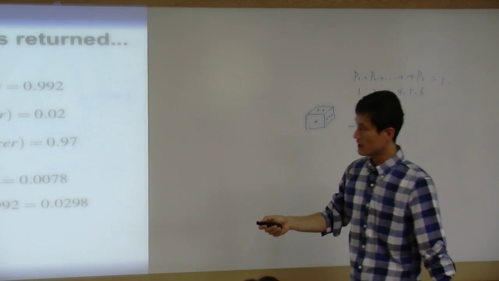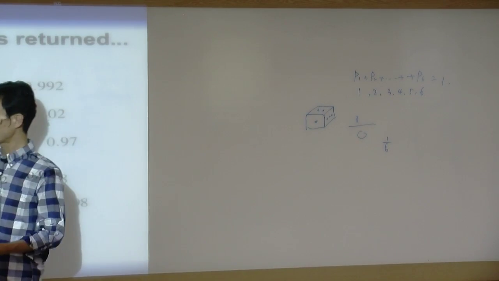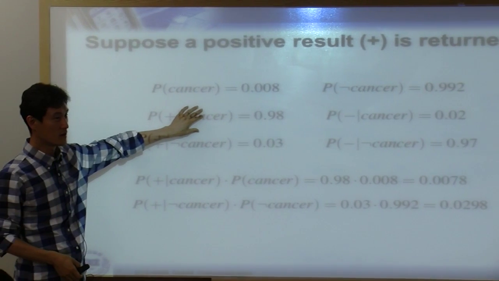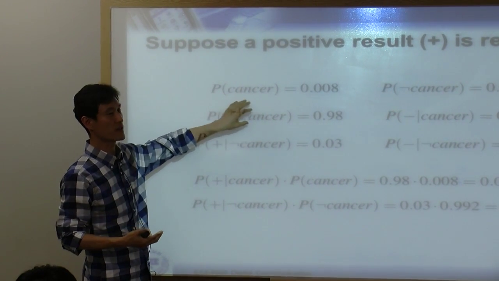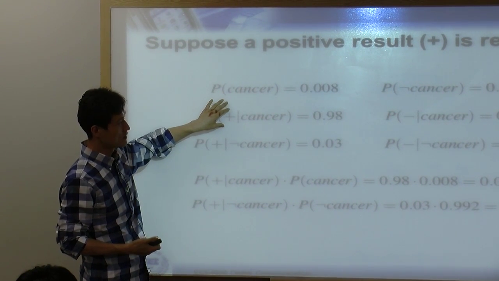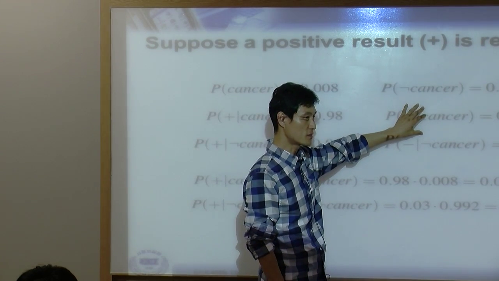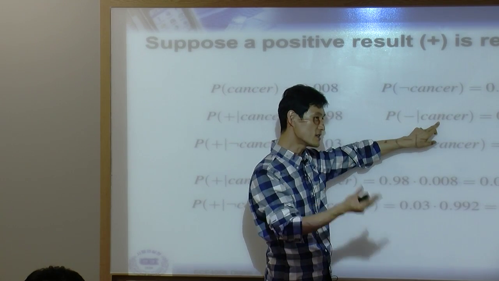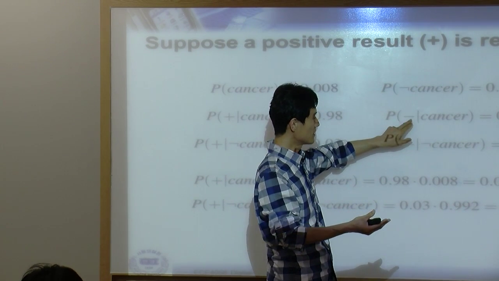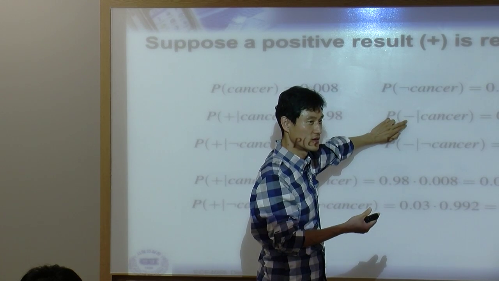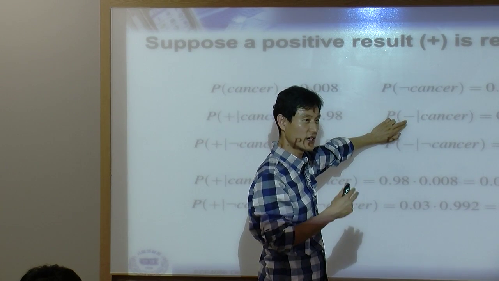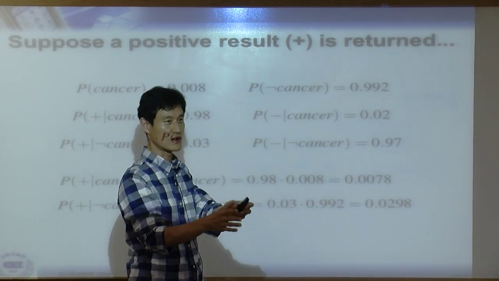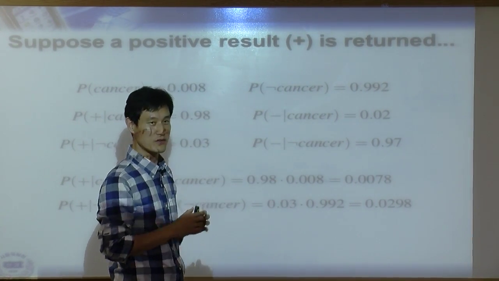That basically means that you actually have cancer, because this is the probability that someone has cancer, but someone is diagnosed as not having cancer. This one is the probability that there is actually cancer, but it says negative, so the cancer was not detected. Let's say someone has cancer, but the doctor said, oh, you don't have cancer.